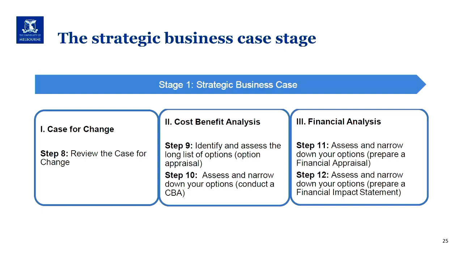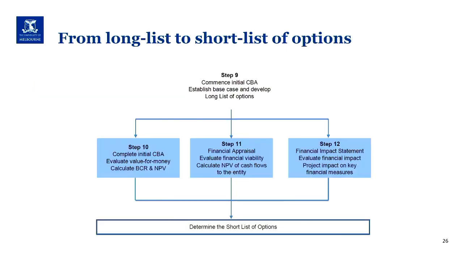So here we have the cost-benefit analysis and the financial analysis. In this case, it's the economic analysis and the financial analysis. As you see, it's the same as in the Green Book, just with different names. And here is how you have to do it.